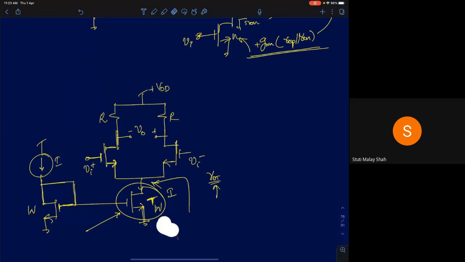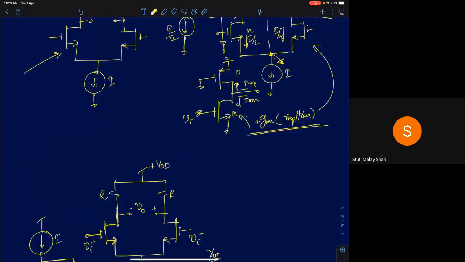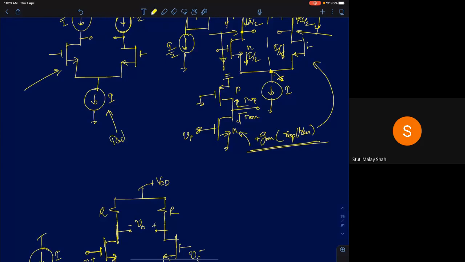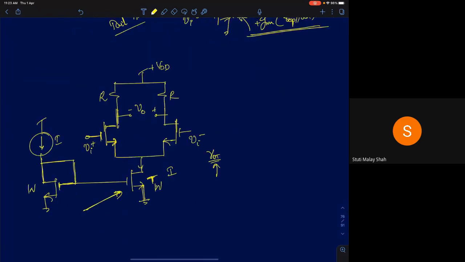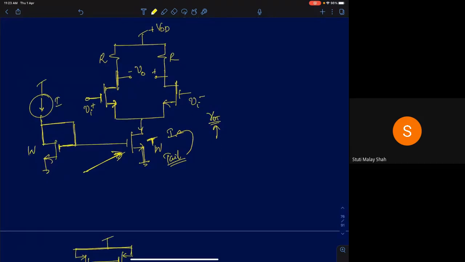This transistor is what we call the tail transistor, and this node, this current source, is called the tail current source. This is a tail current source and it is realized using a tail transistor.